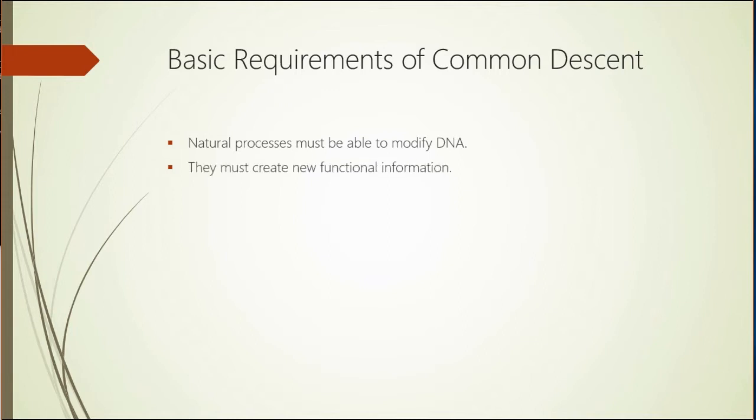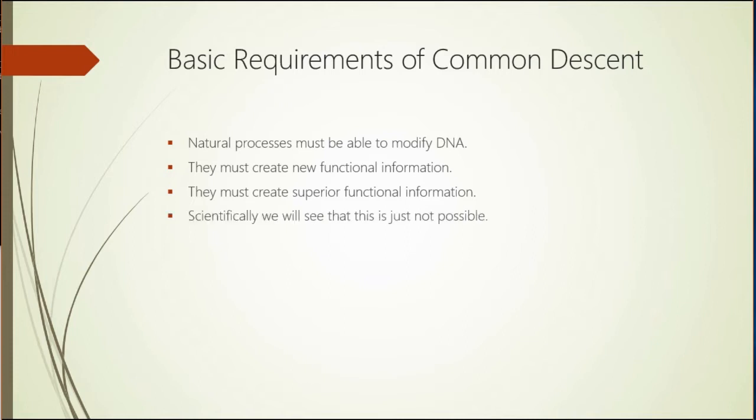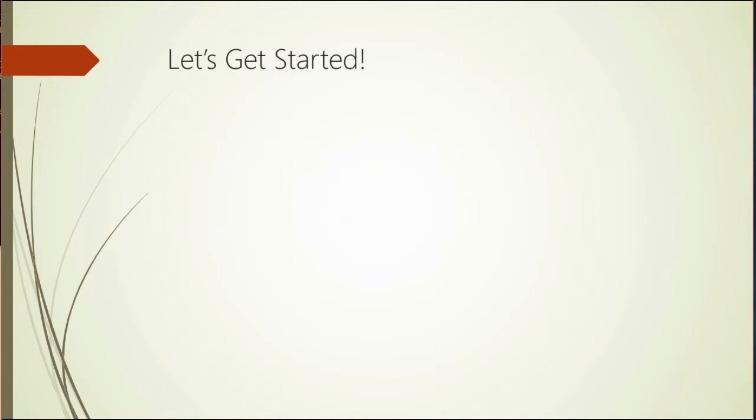They must be able to create new functional information, but even more, they must create superior functional information, otherwise the organism never progresses. Scientifically, we'll see that this is just not possible, because natural processes cannot even create functional information. So, let's get started.